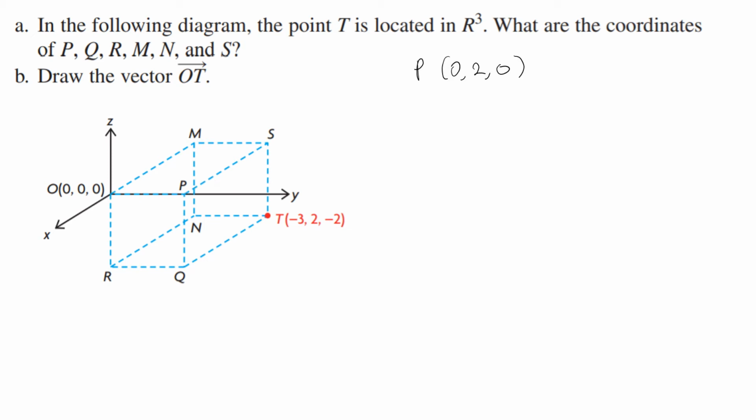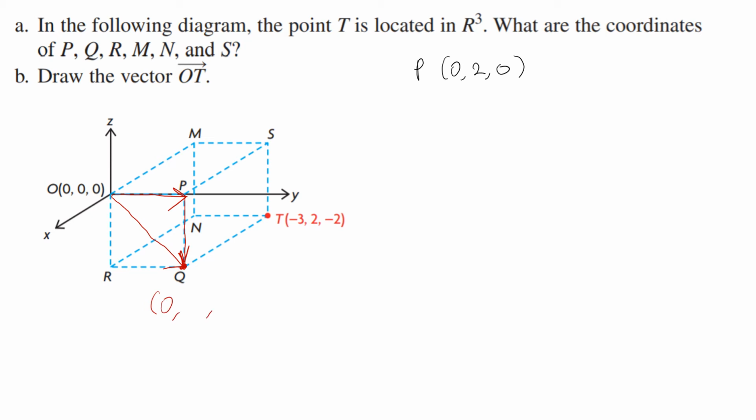Now passing on to Q, which is right over here. If it helps you, you can draw a vector to see if it has the components or whatnot. Right now I see that it does have a Y component to it right over here, and I see that it does have a Z component that reaches out to Q, but it does not have that X component. So I know already my X component is going to be 0.